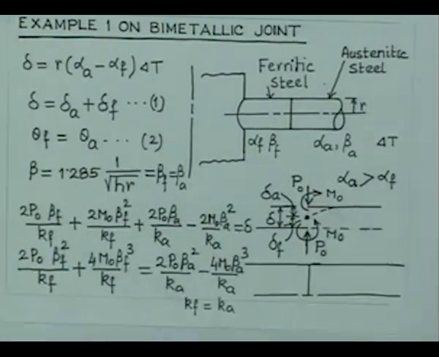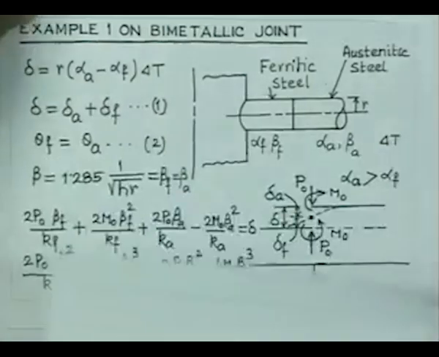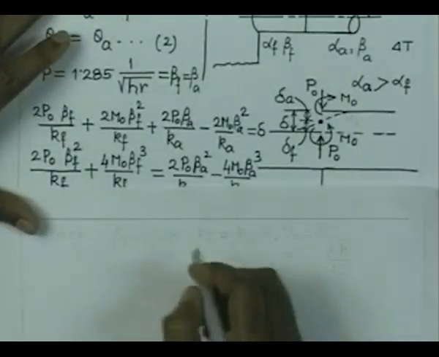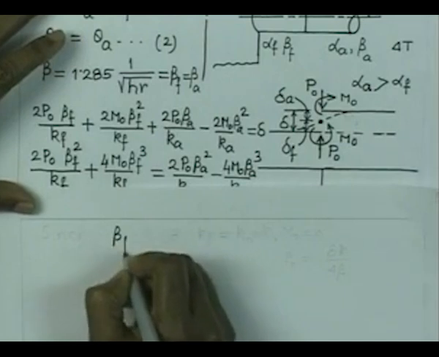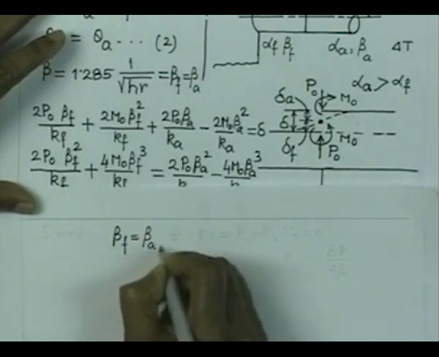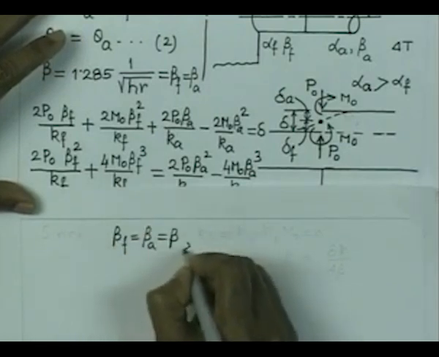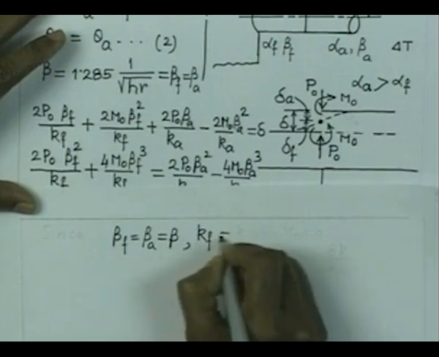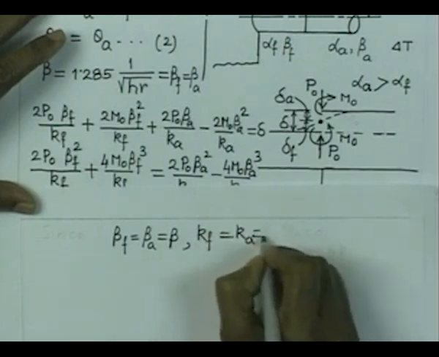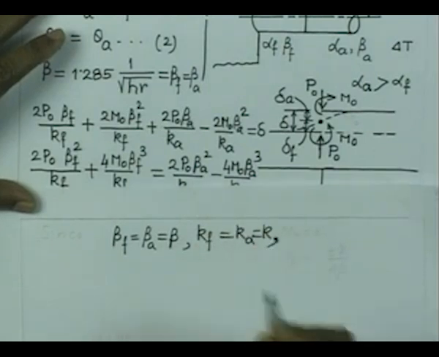So, we can now get the value for the constant. Since beta F is equal to beta A, let us write that as beta. Similarly, Kf is equal to Ka is equal to, let us say, K without any suffix.